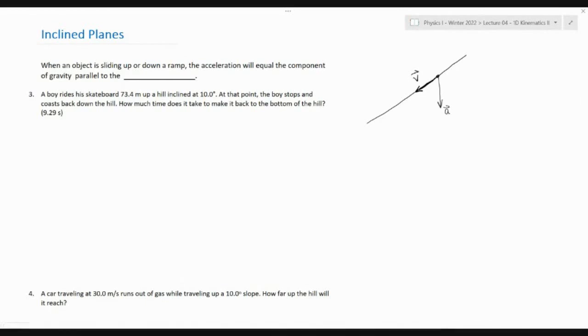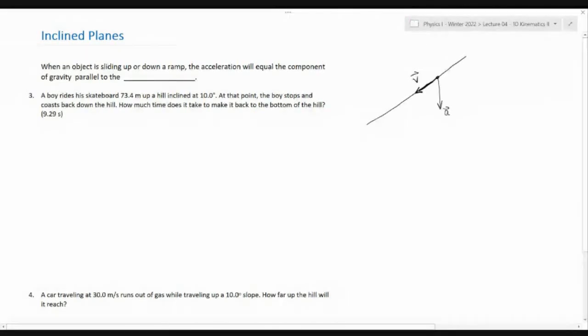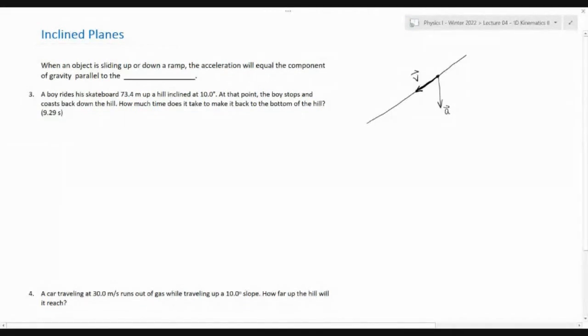So you can't have acceleration pointing down while velocity is moving in this direction on this angle on the ramp itself. They can't be in different directions. They have to be in the same direction. Gravity components, good. So that's why we need to turn the acceleration due to gravity into different components. Now, if I do that, I'm going to just make this a bit bigger, maybe change the color.